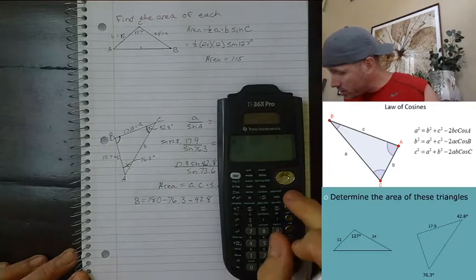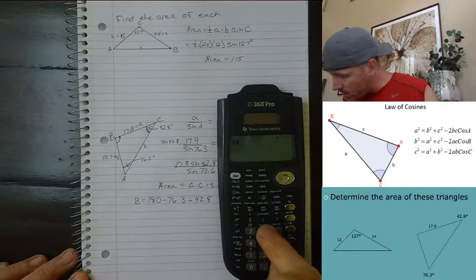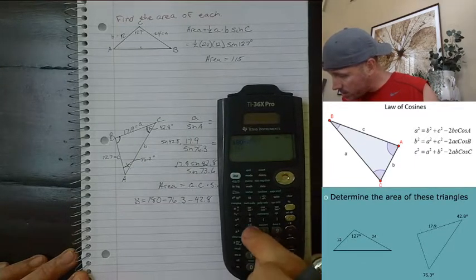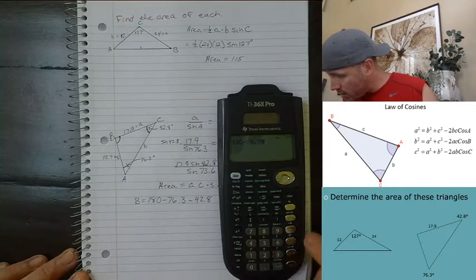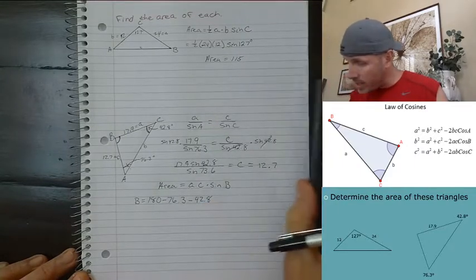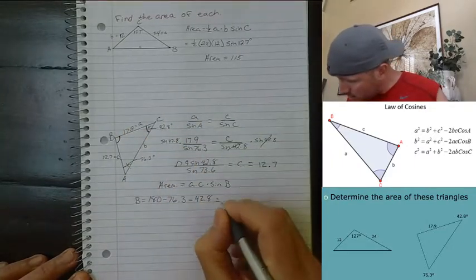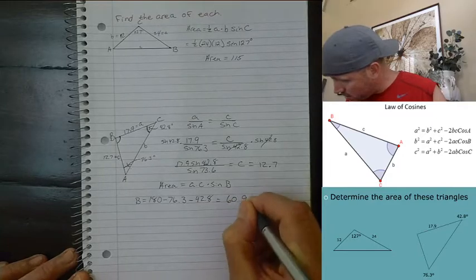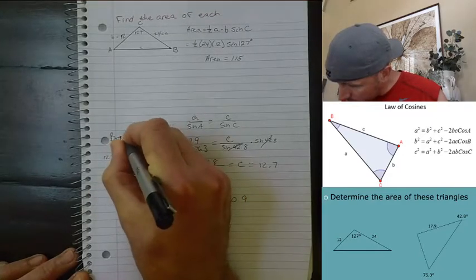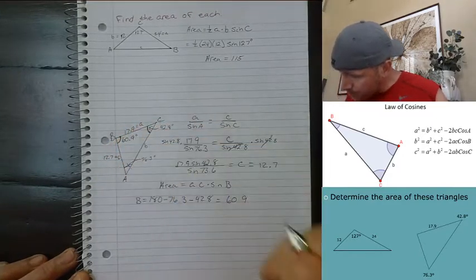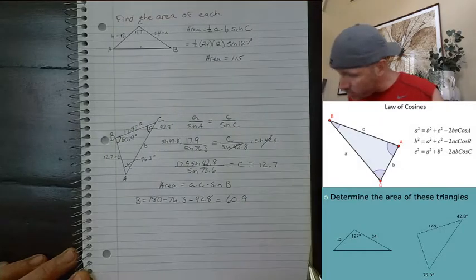Going to cheat a little bit here and go 180 minus 76.3 minus 42.8 gives us 60.9. So here we have 60.9 degrees. Now we've got a value to plug in here.